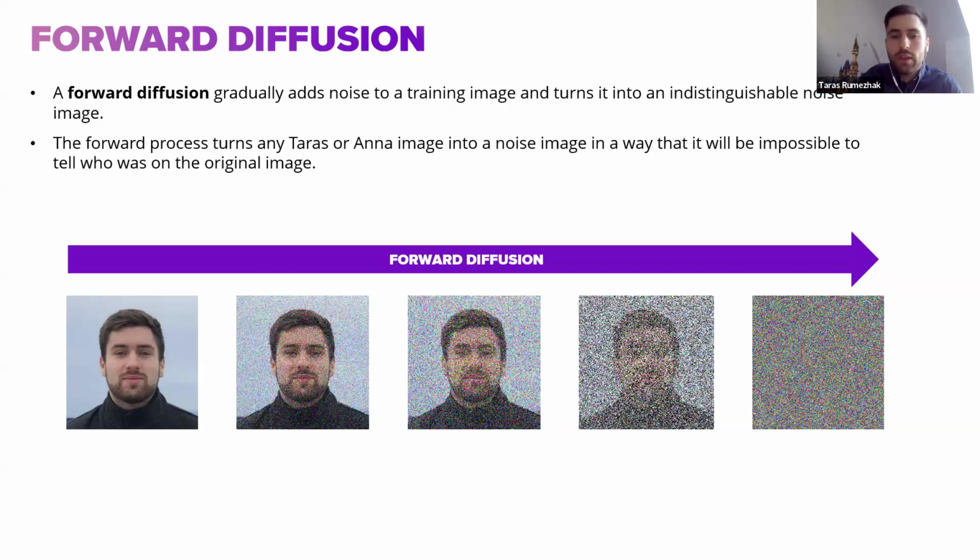After the first step, we can still identify me. After the second step, it's still more or less clear that it was me originally. But after step number N, we won't be able to tell what the original picture was, whether it was Taras or Anna or someone else. That's the intuitive reason it's called diffusion: we cannot identify the original drop point, and here we cannot identify the original image. We can see only noise in the end.